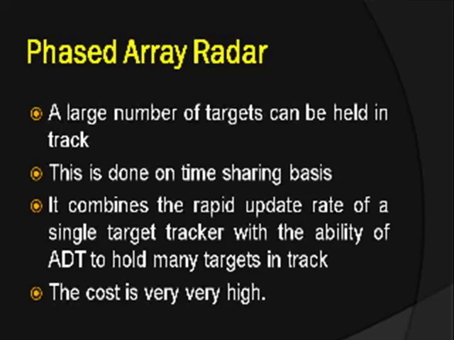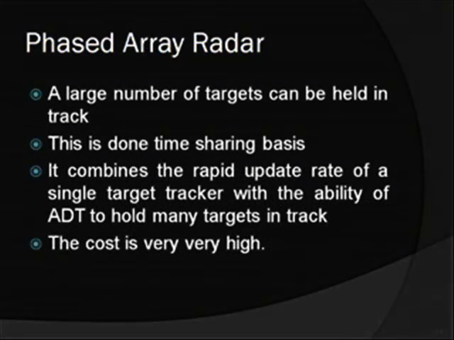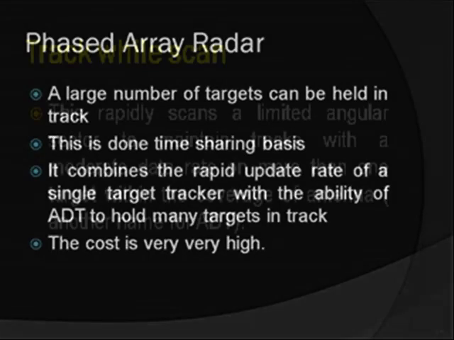It combines the rapid update rate of a single target tracker with the ability of the automatic detection and track to hold many targets in track. It combines the advantages of the previous two types and eliminates their limitations. But the only disadvantage is the cost of the system is very high.